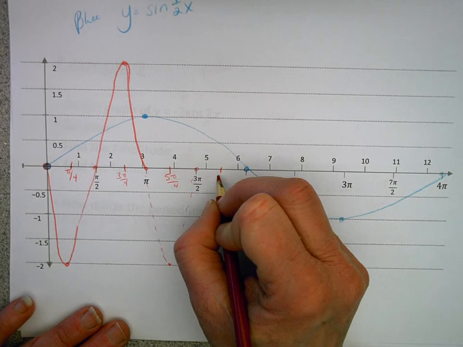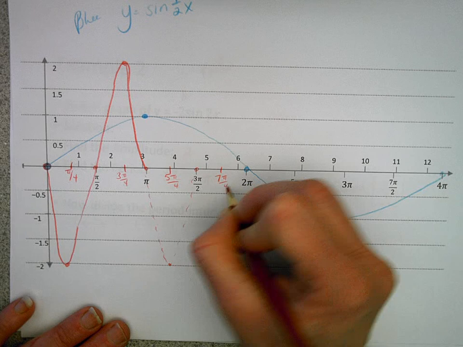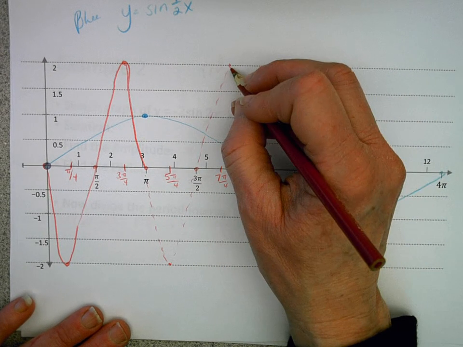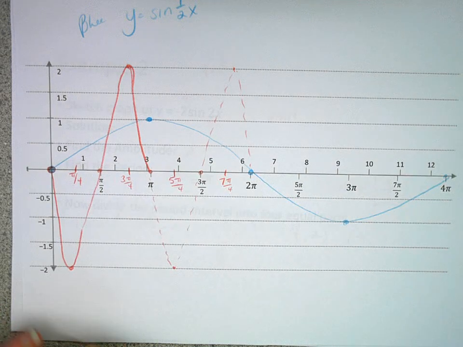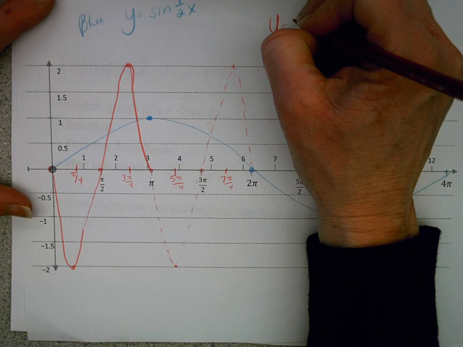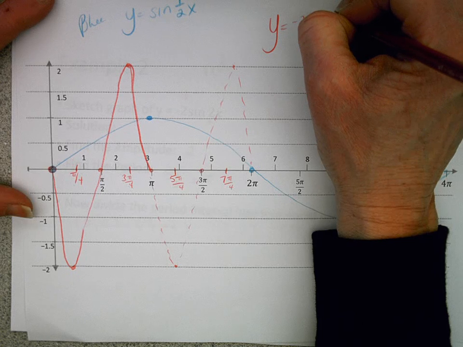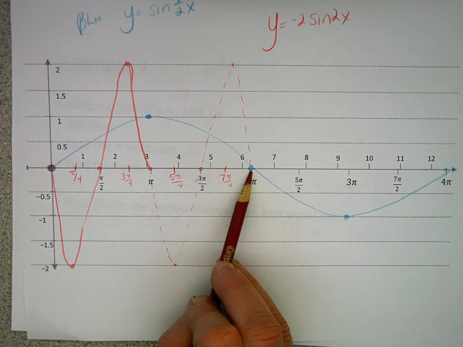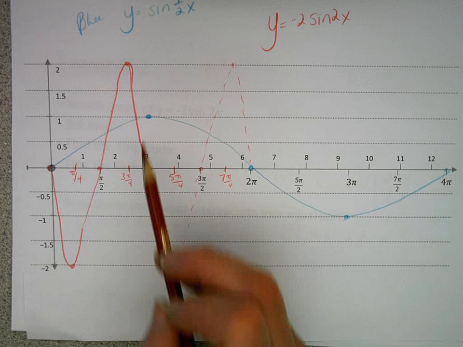Then the next one would be at 7 pi over 4. And the last one would be at 8 pi over 4, which is 2 pi. So what you can see now is that b value is telling me at 2 pi I've seen 2 cycles, 2 negative waves.